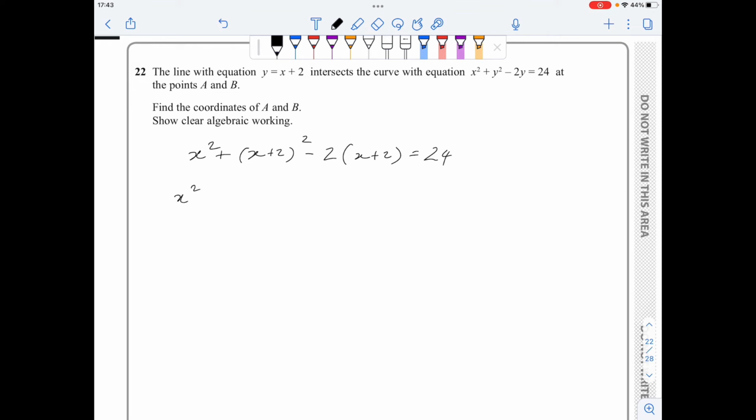So x squared plus x squared plus 4x plus 4 minus 2x minus 4 is equal to 24. So 2x squared plus 2x minus 24 is equal to 0. Let's divide this by 2. So x squared plus x minus 12 is equal to 0.